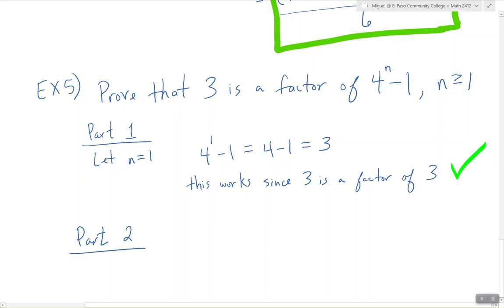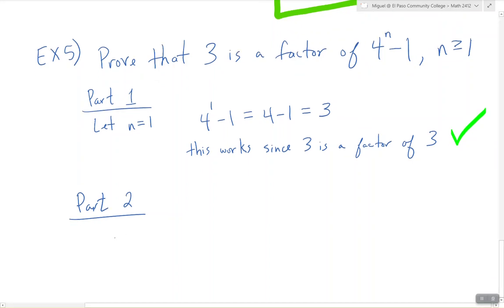So we will assume that it works for the statement n equals k, and then we'll prove that it works for k plus 1, right? So let's assume three is a factor of 4 to the k minus 1.